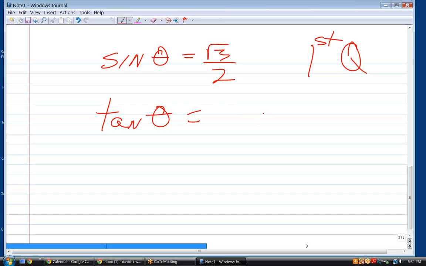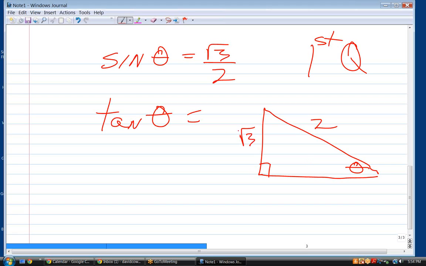Basically, the solution here is draw a triangle, labeled theta. There's the right angle. And now since we know the sine of theta is square root of 3 over 2, well, that's opposite over hypotenuse.